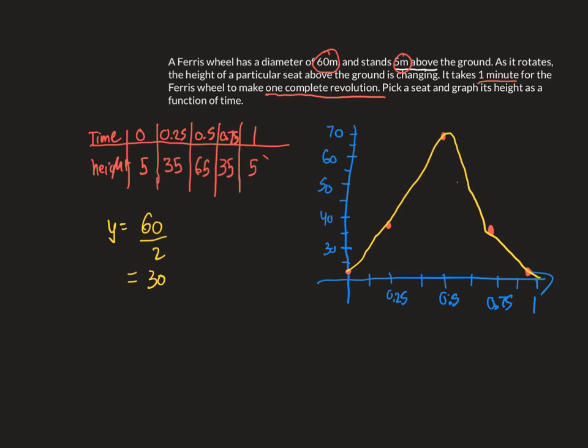And then my amplitude, remember, is my maximum, 65, minus my min, divided by 2. That's just going to give me 65 minus 5 divided by 2, which is going to give me 30. Okay, and that's where you're going to be getting your amplitude and your other stuff here.